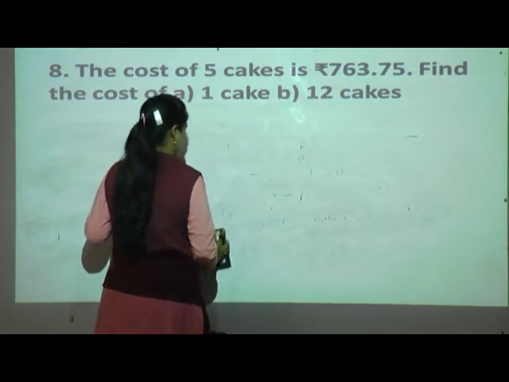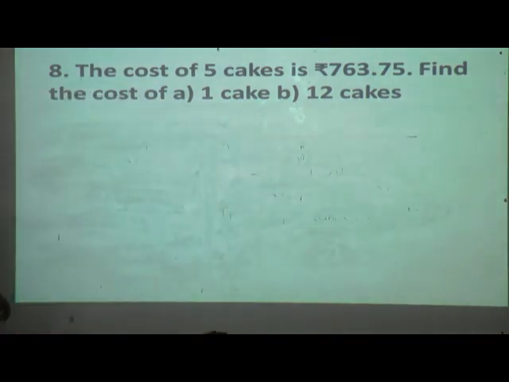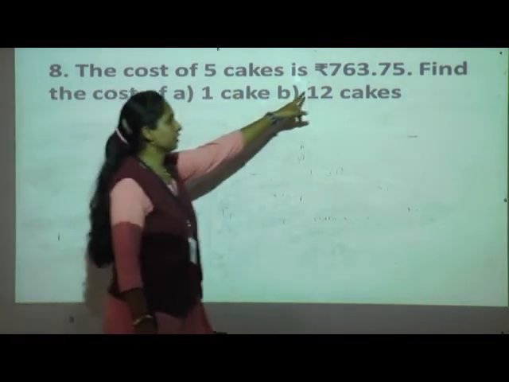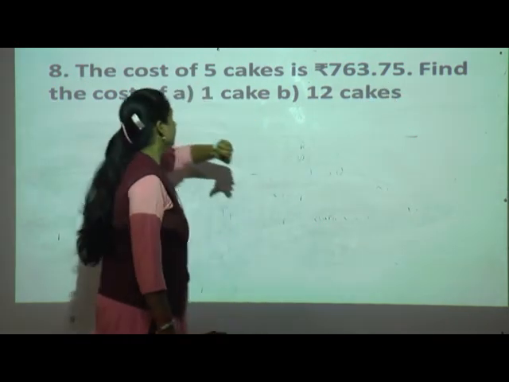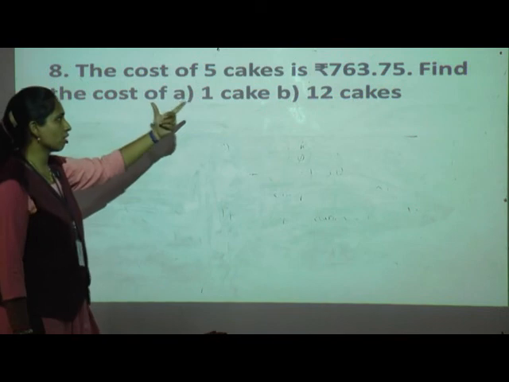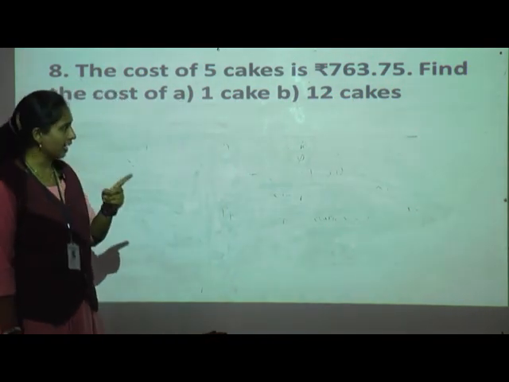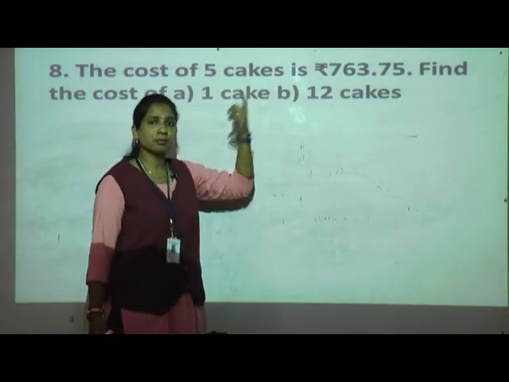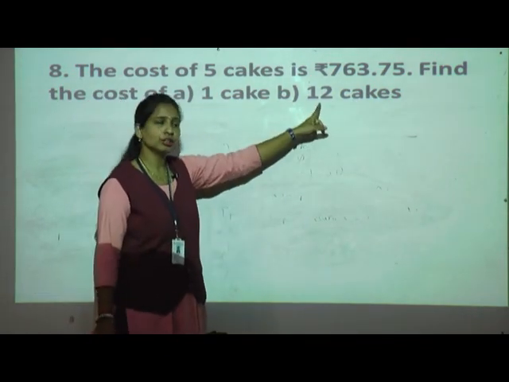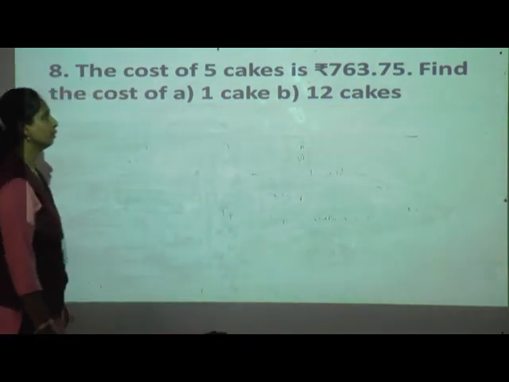Of course, you will divide. What division will you do? 763.75 divided by 5. So you will get the cost of 1 cake. So once you get the cost of 1 cake, then you have to multiply that amount with 12 cakes. Then you will get the cost of 12 cakes.